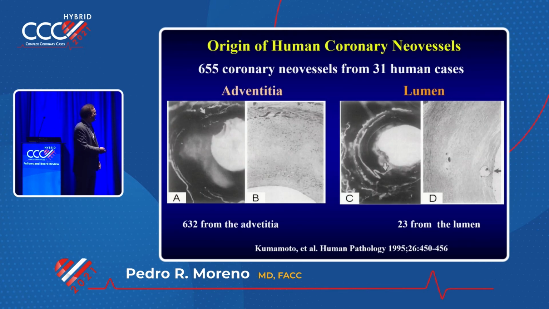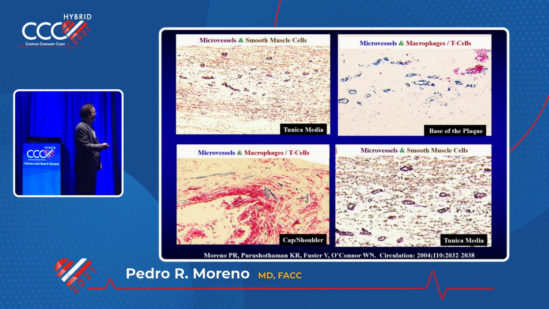Let's move on. This is vasa vasorum from the adventitia. This is vasa vasorum from the lumen, but there's much more from the adventitia. So very little from the lumen. And these are neovessels that have no tunica media, they have no pericytes, it's only a microendothelial layer that can be nicely stained using a blue chromogen attached to CD31, which is an immunohistochemistry to identify the endothelium.